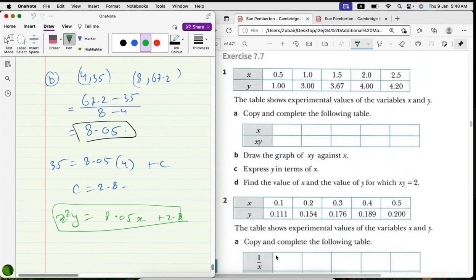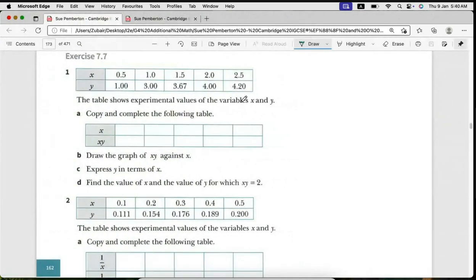Okay, practice exercise. X is given, Y is given. The table shows experimental values of variables X and Y. Copy and complete the following table. So the values of X are not changing: 0.5, 1.0, 1.5, 2.0, 2.5.